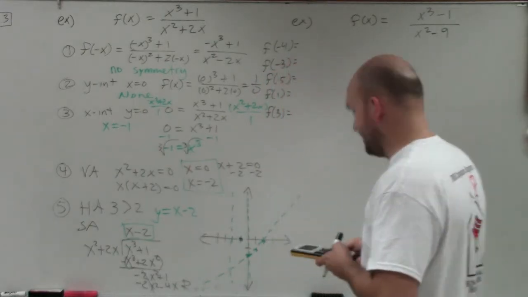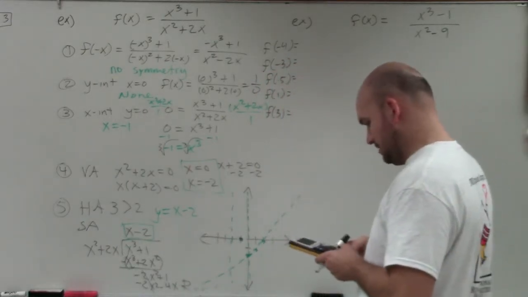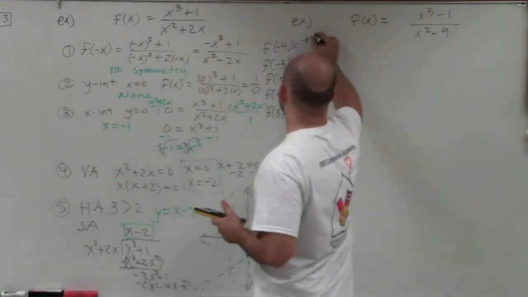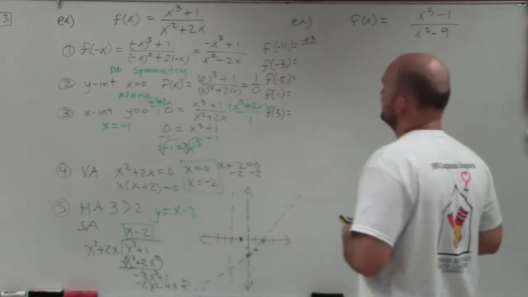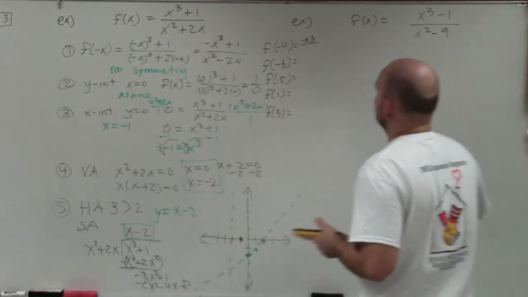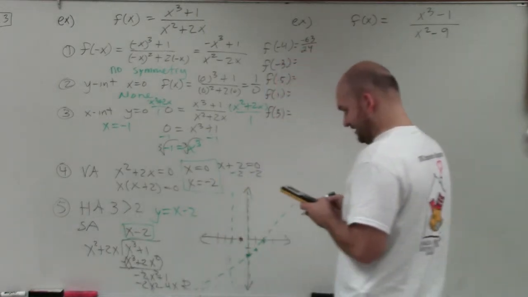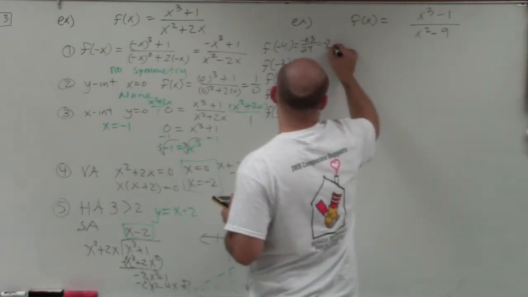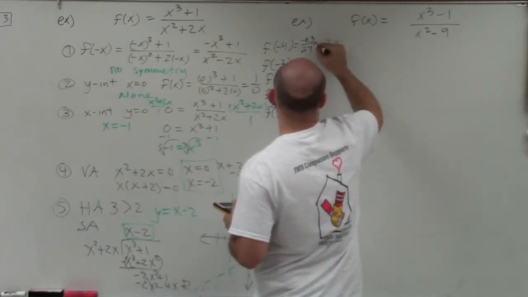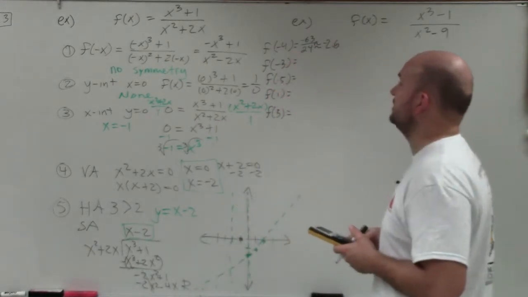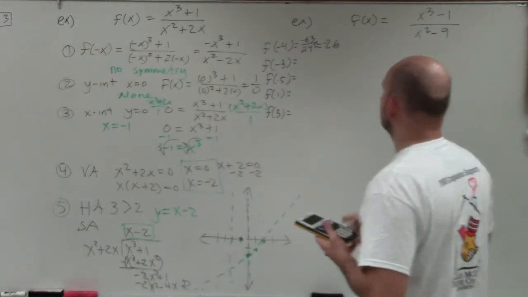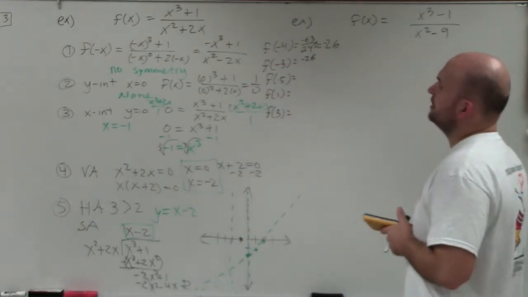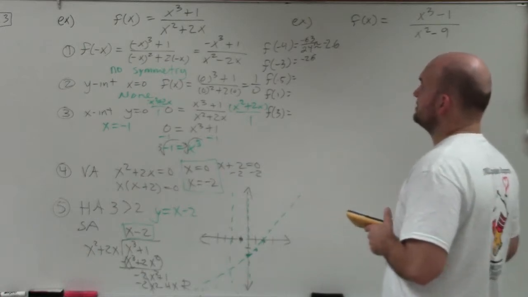So to plug in those values, so I have -4 raised to the third, which is -64, plus 1 is -63. So I have -63 over 4 squared is 16, 4 times 2 is 8, so it's 16 plus 8 is 24. So I have -63 divided by 24, which is -2.6, approximately. Then I'll do -3. So -3 cubed would be -27 plus 1 is -26. -3 squared is +9 minus or times 2 times -3, which is -6.